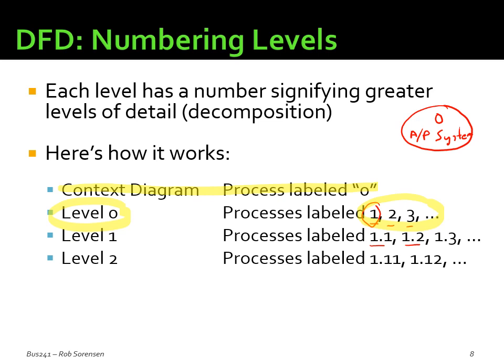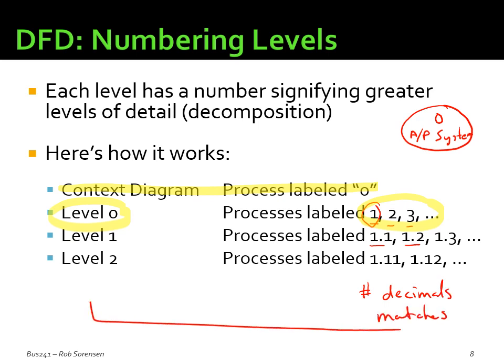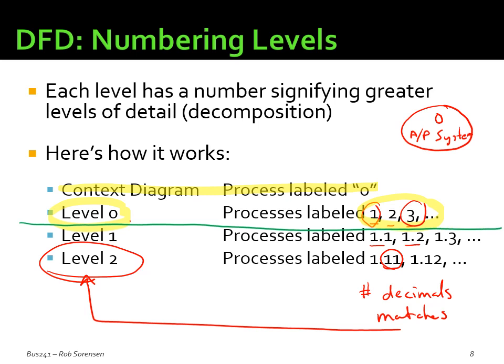The number of decimals, if you notice that, matches the level. So at a level 2 diagram, I'll have 2 decimals. At the level 0, there's no decimals after each of these. And again, like I said, we're only going to go this far in our work in this course. So you don't have to worry too much about the other things, but just so you know that we could go further if we wanted to.